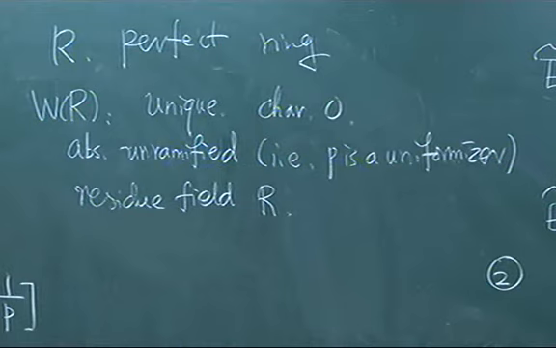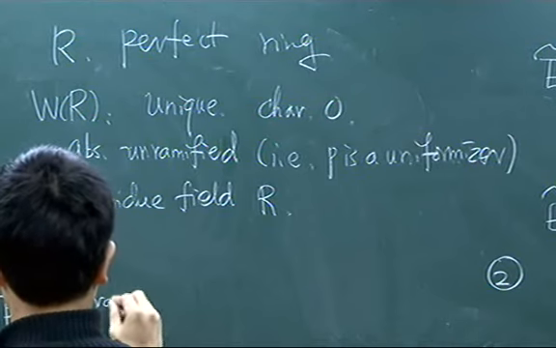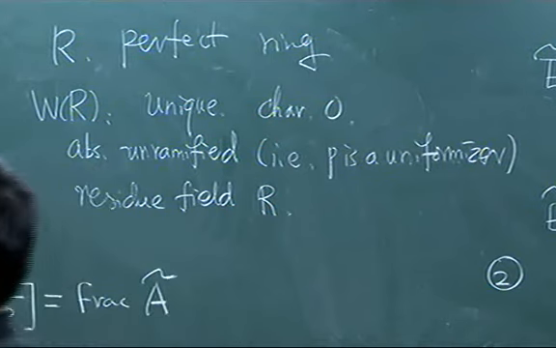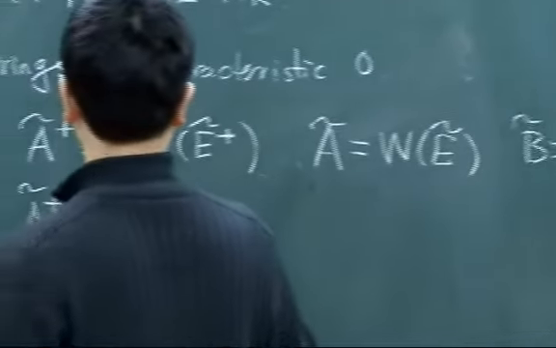If you want to find the fraction field of this, you just need to invert p, because p is the generator of the prime ideal. Okay, so this is the fraction field of A tilde. And then we have A_K bar, A_K tilde. You can do the same thing as for E_K.